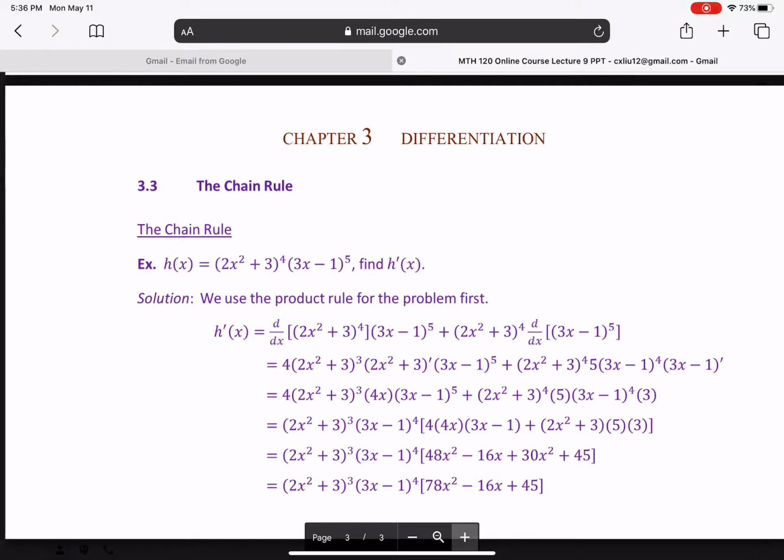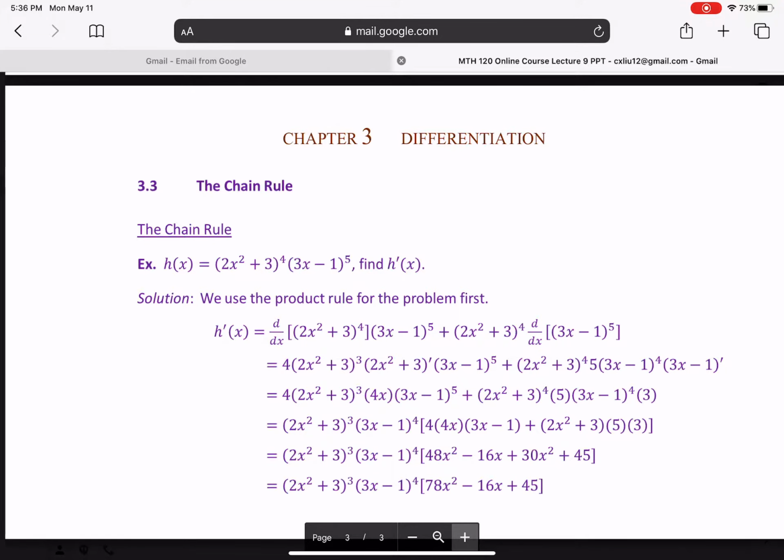So we got the 4x from the derivative of 2x squared plus 3 and 3 from the derivative of 3x minus 1. So we can do a little simplification for the result. We can factor out 2x squared plus 3 to the cube times 3x minus 1 to the 4th.